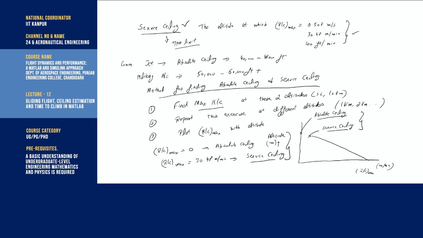Alright. So now that we are done with the absolute and service ceiling, the next important topic to discuss is time to climb. Okay. So let me write here time to climb. Now, why do we need to study this time to climb?